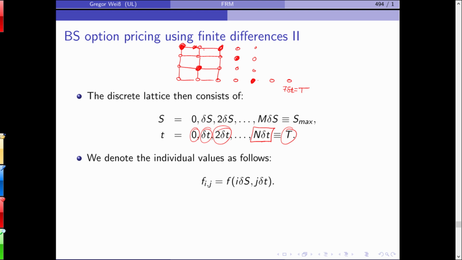To make it more simple, we now denote the value of the option at point J in time with a stock price I as Fij. J is the point in time, I is the underlying price the underlying has taken at this point. And then we get the option price Fij.